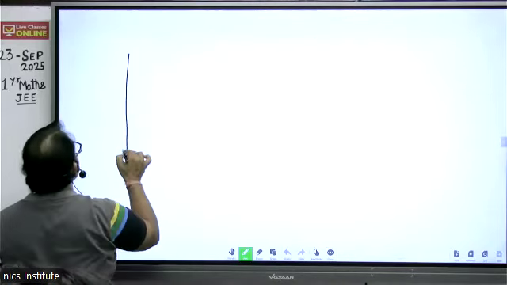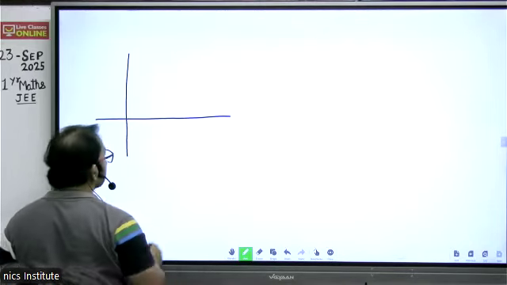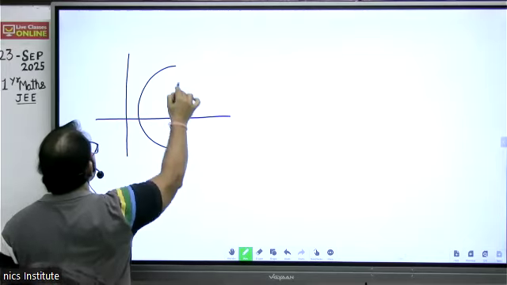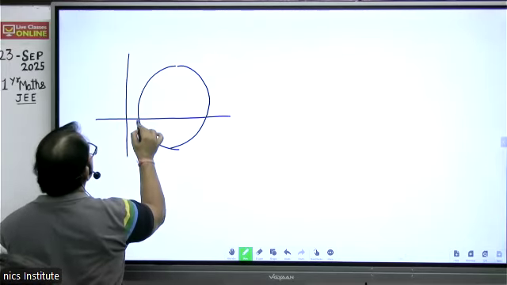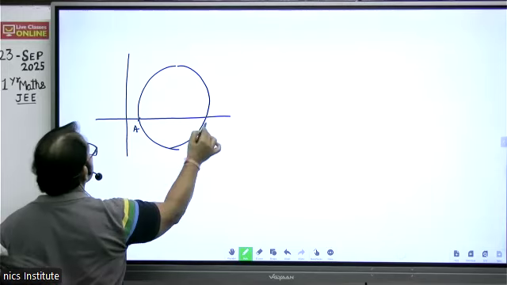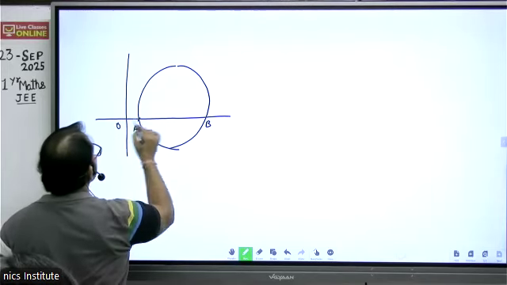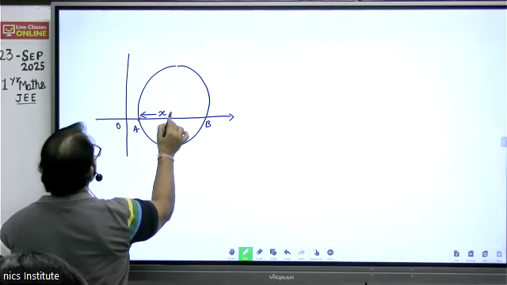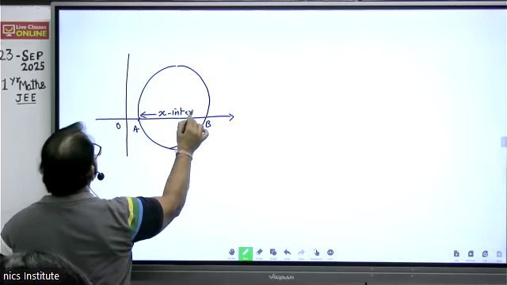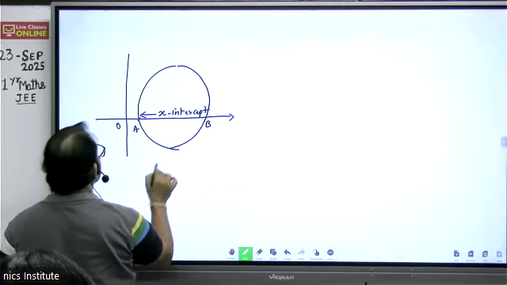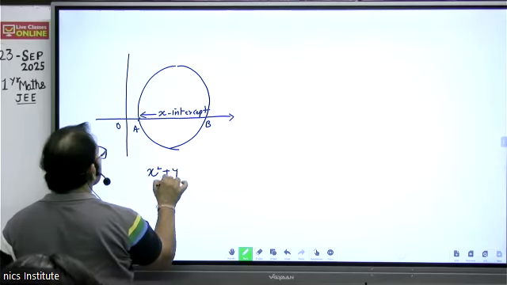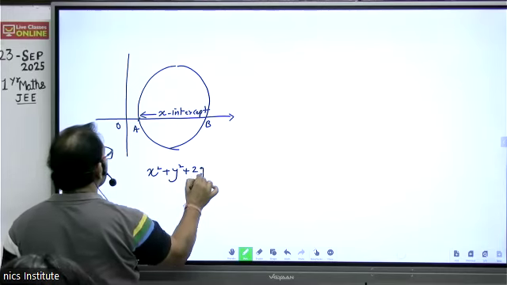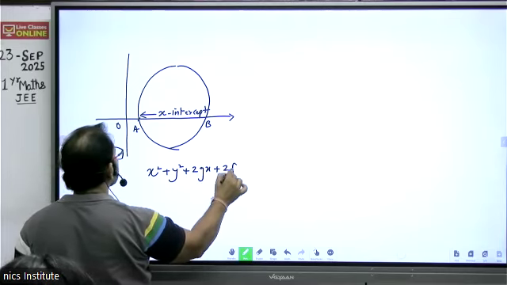Now suppose we have general equation of circle and it's intersecting x-axis at 2 points. And this length is called length of x-intercept. Let's find the formula for the length of x-intercept.